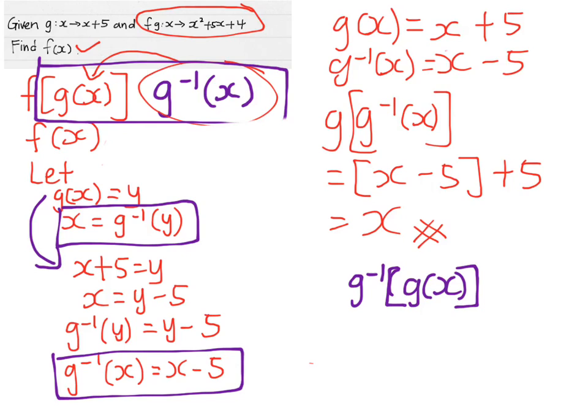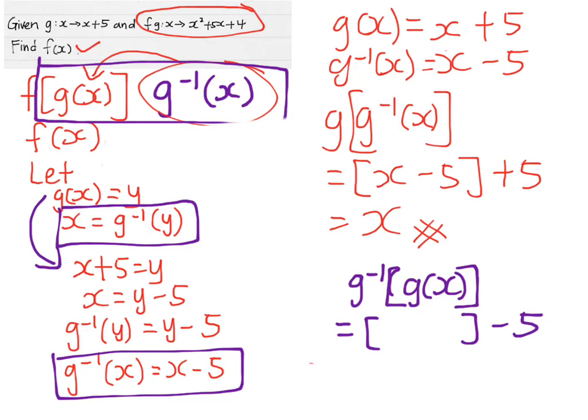Assume this is g inverse x. g inverse x is what? It will be x minus 5, correct or not? x minus 5.